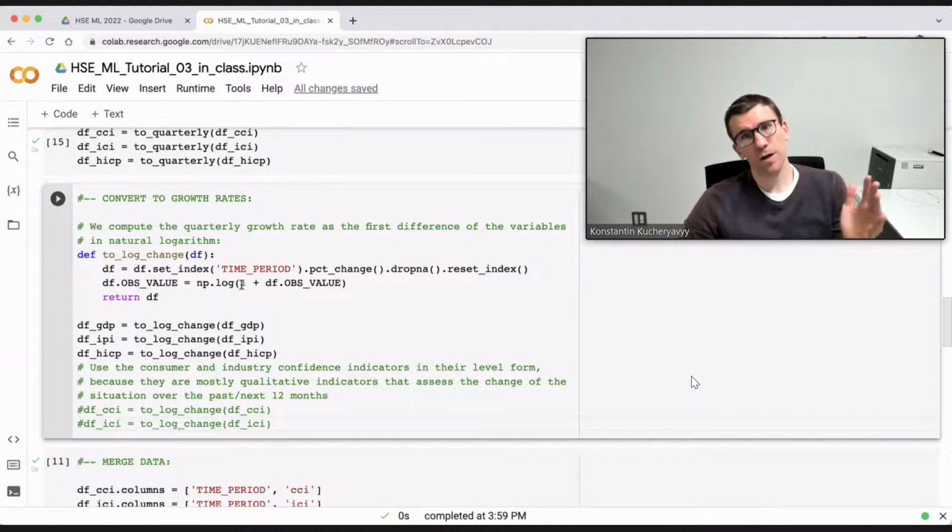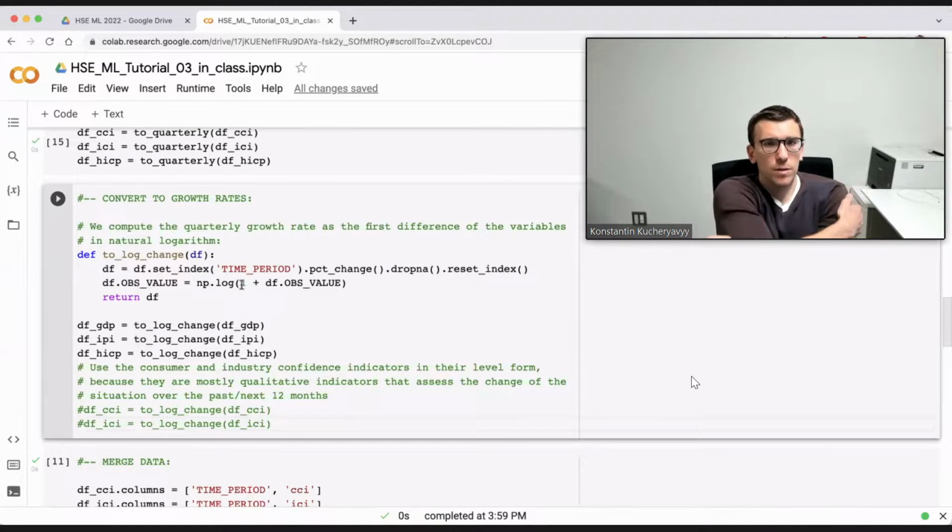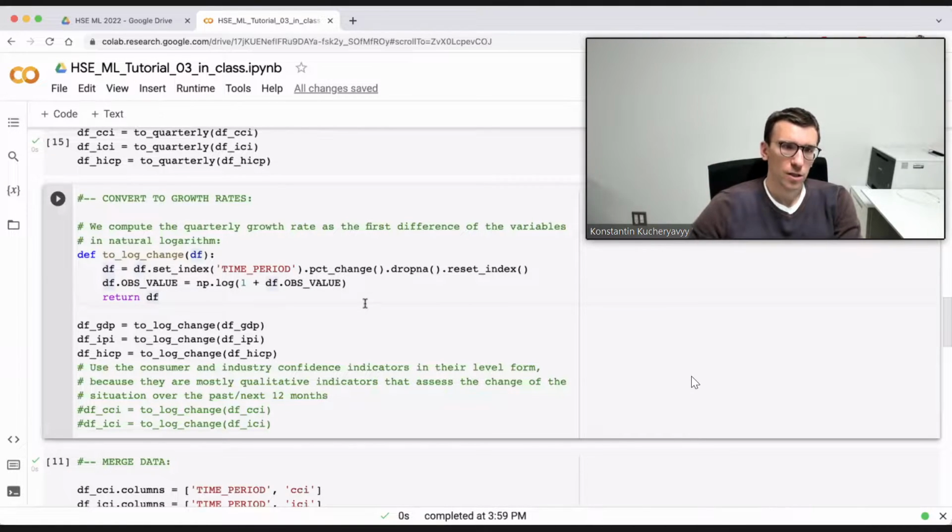Just the change in the variable, like variable next period divided by variable today minus 1, that would be percent change, which is calculated by this function. That's called a simple change, and adding back 1 and calculating the log is called the log change.